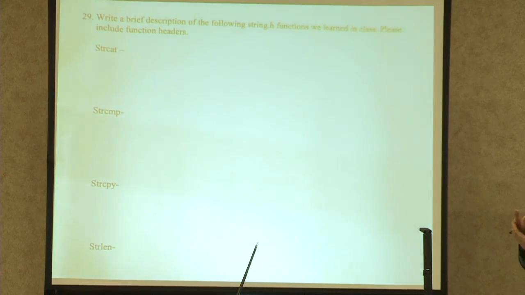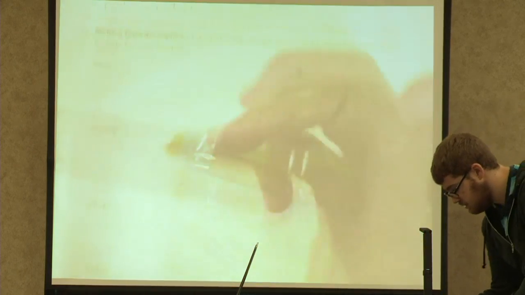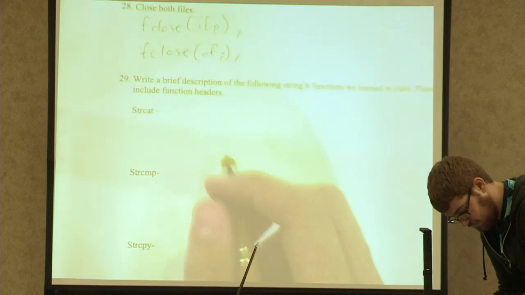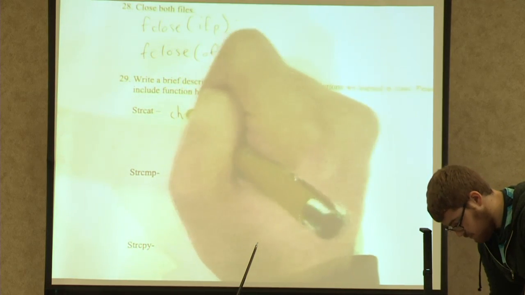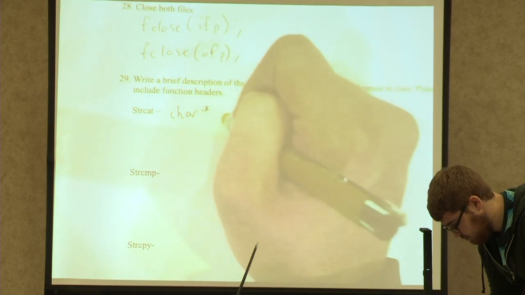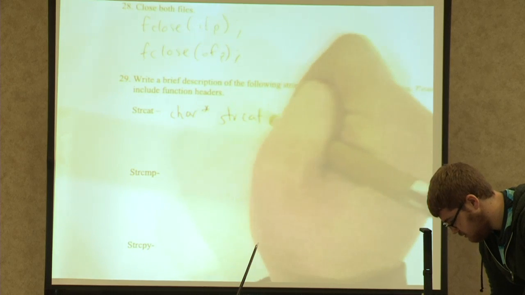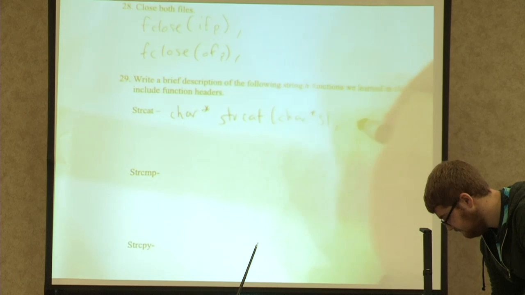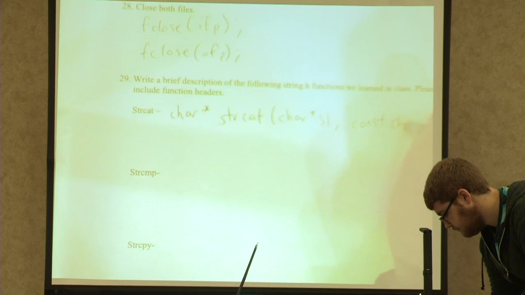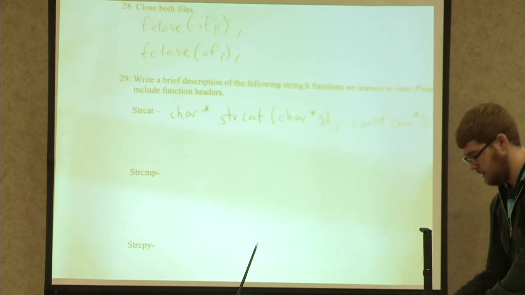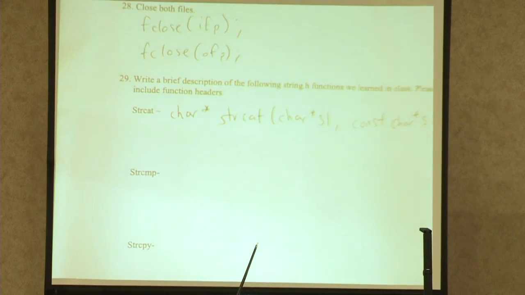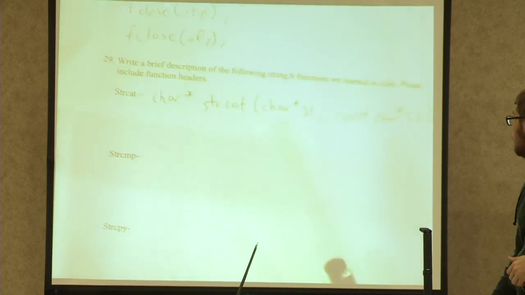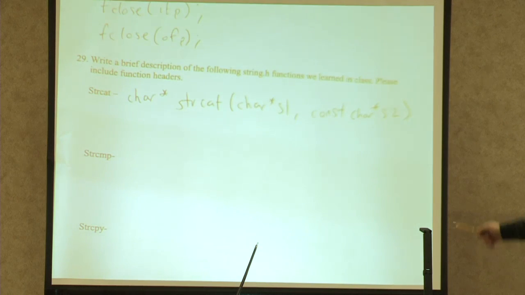It's called concatenation. So what it's going to do, this is the function prototype, which just shows you what it does. It takes two strings, and then it will add the second string onto the first string, and then it will return that string back.